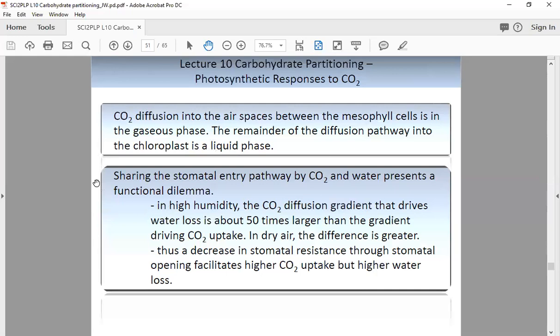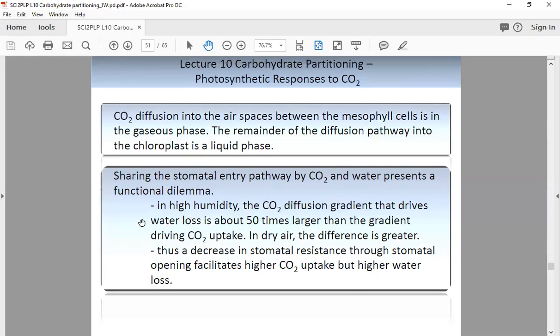In high humidity, the diffusion gradient that drives water loss is estimated to be about 50 times larger than the gradient driving CO2 uptake. Yeah, this needs to be removed. That's a typo there. Okay, so the diffusion gradient that drives water loss is about 50 times larger than the CO2 uptake gradient.